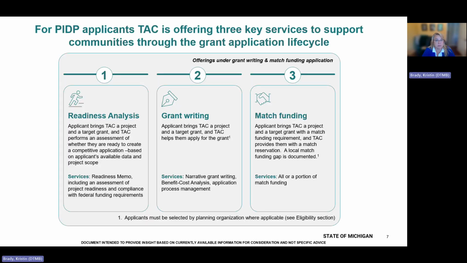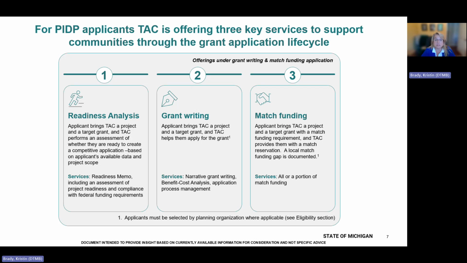So for PIDP applicants, we're offering 3 key services to support you through the grant application cycle. The first one is a readiness analysis. If you submit a project into our application portal, we will review it for readiness and competitiveness for the PIDP program and the NOFO that is released this year.